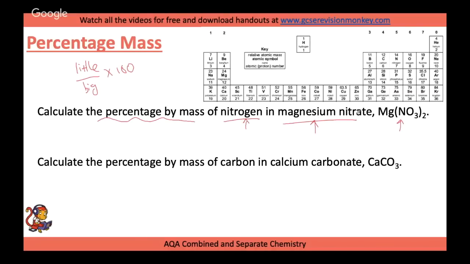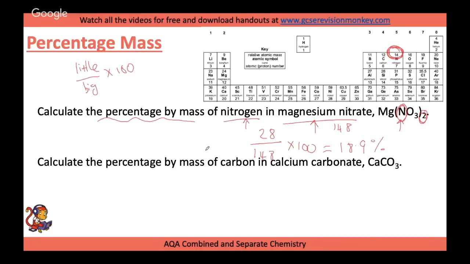We've just worked out the mass of the whole lot as 148. So we just want the nitrogen, and because it's in brackets, we need 1 nitrogen multiplied by 2. So it would be 28, because nitrogen is 14, multiplied by 2 is 28. Divided by 148 and then times by 100. So we've done the mass of nitrogen divided by the whole thing times 100, and that will give us 18.9%.